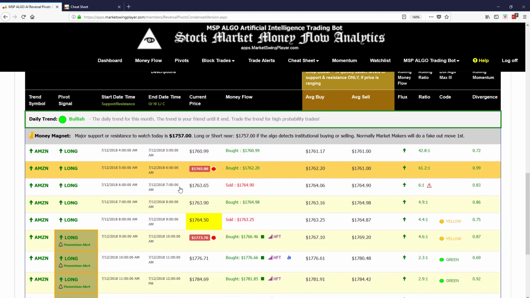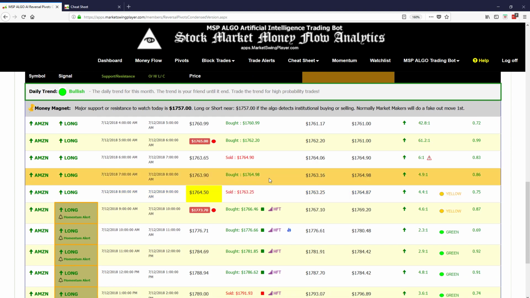So here goes the 7 to 8 o'clock time frame, and I could see on the charts it did look bearish. Price was actually pulling back.